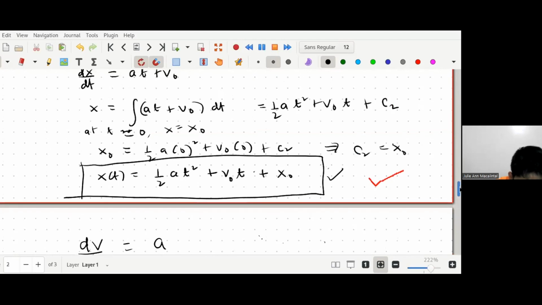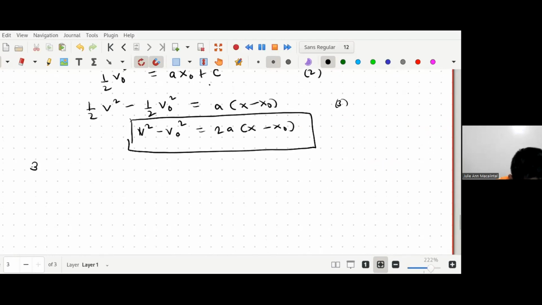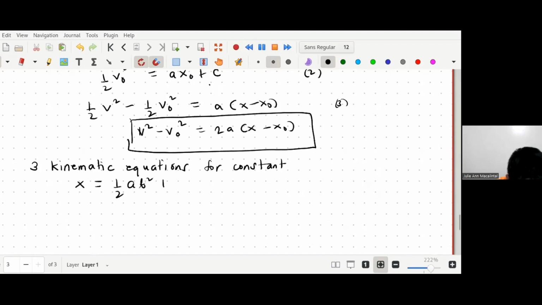So let's collect everything. So I think the three kinematic equations for constant acceleration, kasi they occur often enough na instead of integrating from first principles, mas kunin mo na kagad yung result. So yung first na position versus time is x of t equals 1/2 a t square plus initial velocity times t plus x of 0.